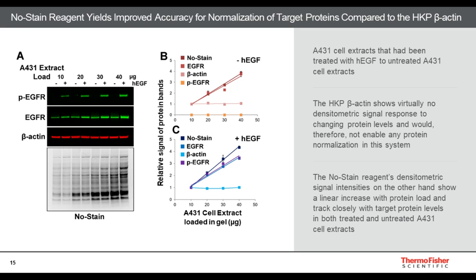So whether you are labeling, treating with EGF, or not treating, you are getting the same results: linear curves from no-stain and your target protein EGFR, whereas saturated data from your housekeeping protein, which in this case is actin. So actin really would not be able to justify quantitative Western blotting with EGFR in this particular cell lysate.